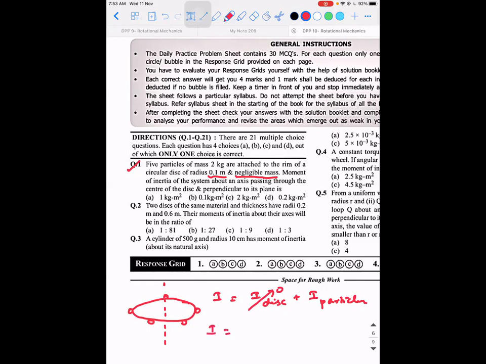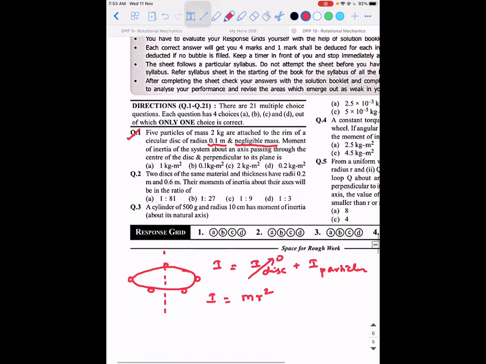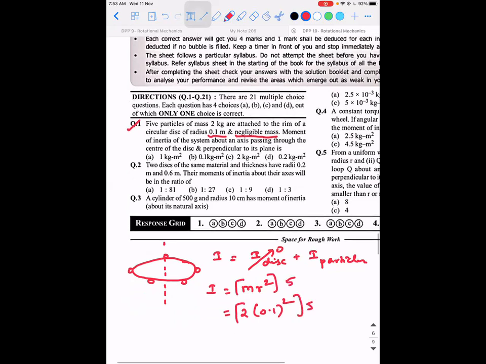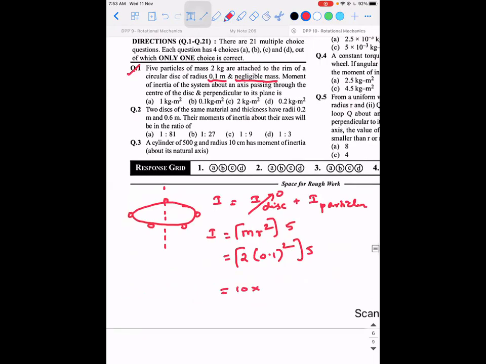That is going to be what? M into R square, where M is 2 and R square is 0.1 square. But this is due to one particle. Since 5 particles are there, multiply it with 5. So you will get 10 into 10 power minus 2, that is 10 power minus 1 kilogram meter square.